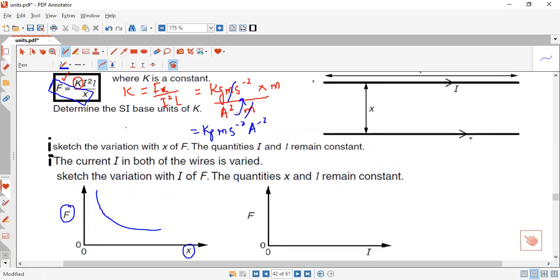Okay, Maham, the next question is from you. What is the graph between F and I? Have a close look at the formula. F is equal to I square L divided by x. Yes, Maham.